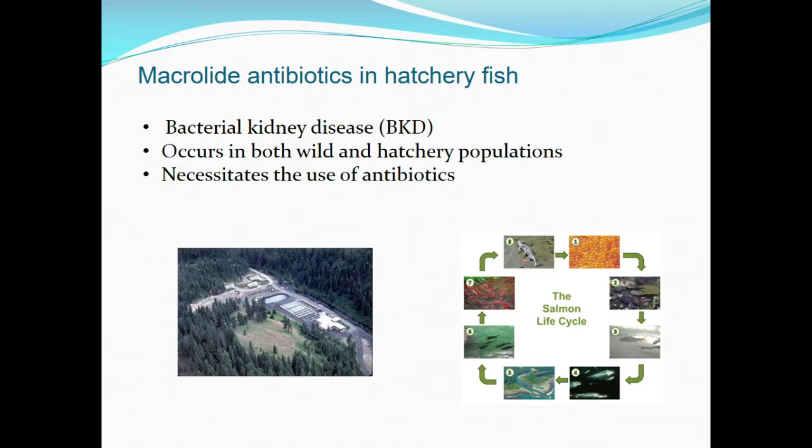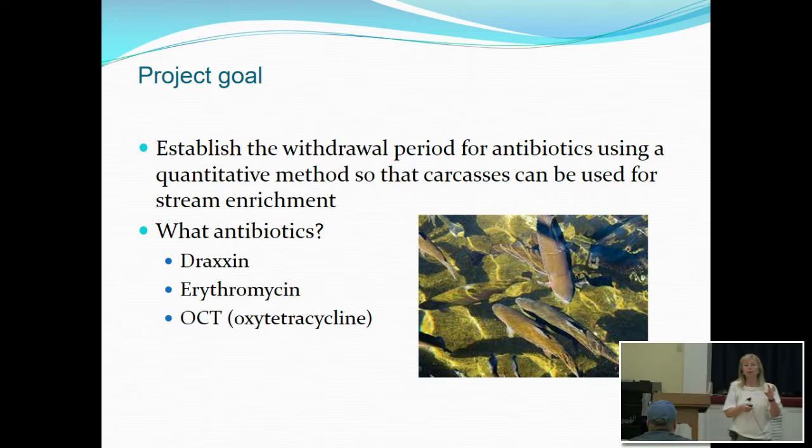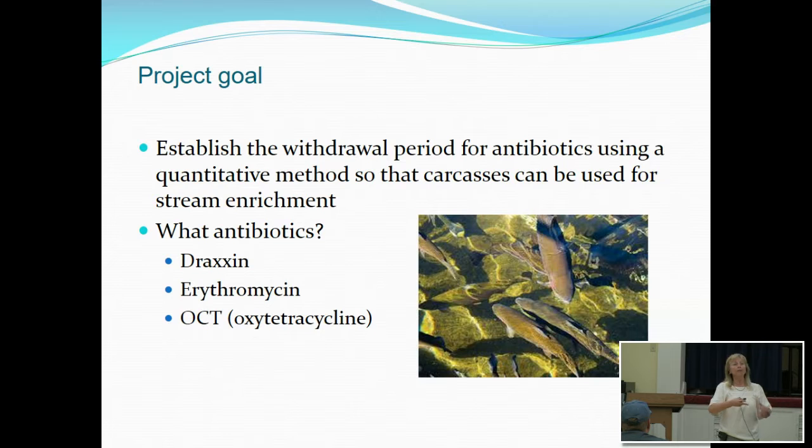So the fish are routinely injected with different types of antibiotics of the macrolide class of antibiotics. And the reason why ODF&W is interested in this is because they typically return the carcasses of salmon into the streams for rebuilding habitat for fish and adding nutrients to the stream.